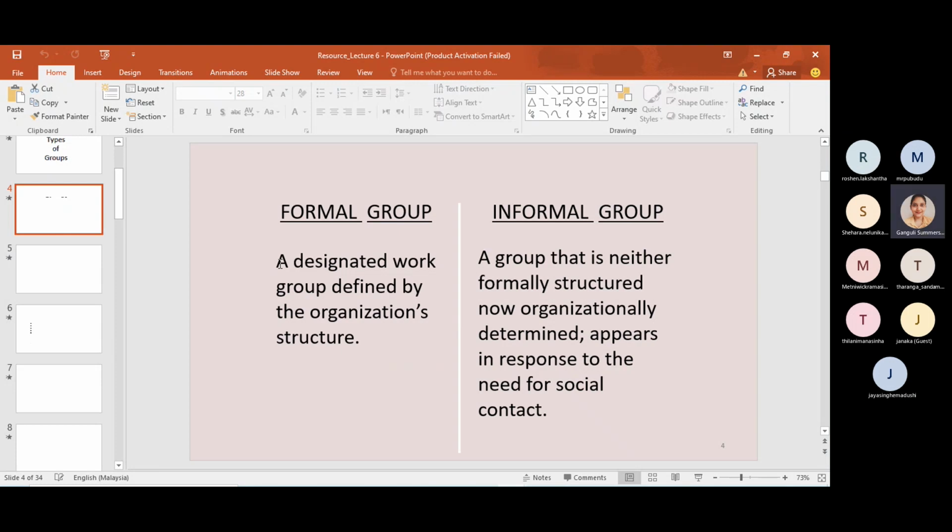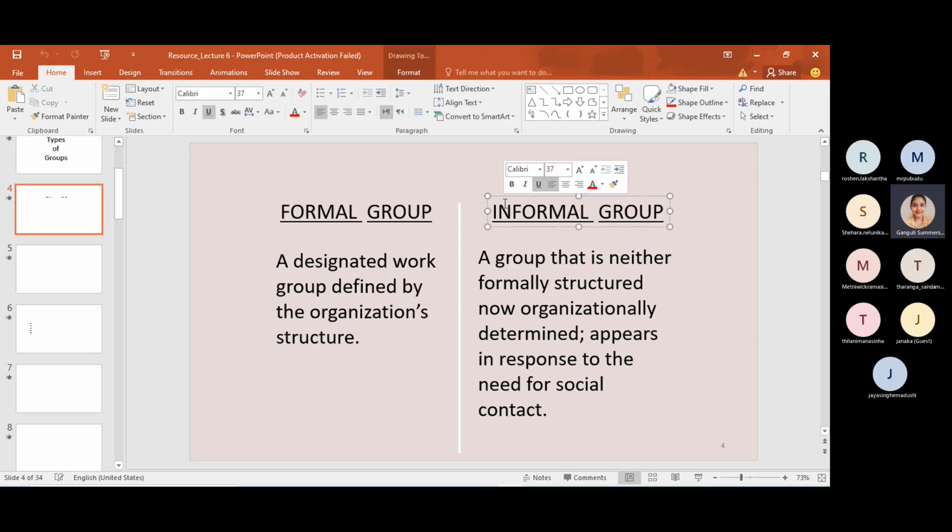You form formal groups for organizational needs. That is the definition of a formal group: a group formed by the organization due to organizational needs.